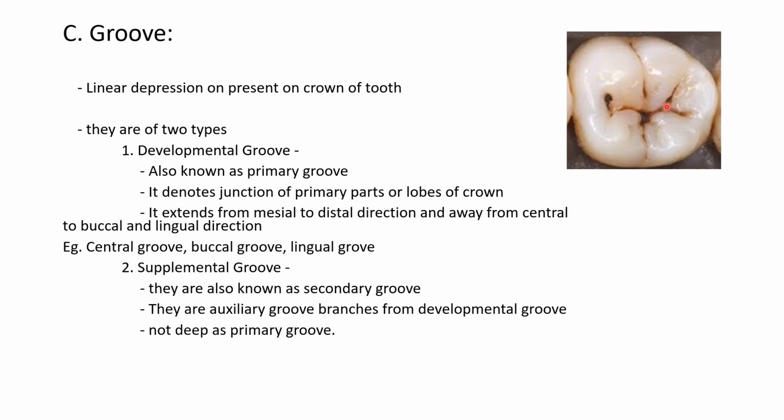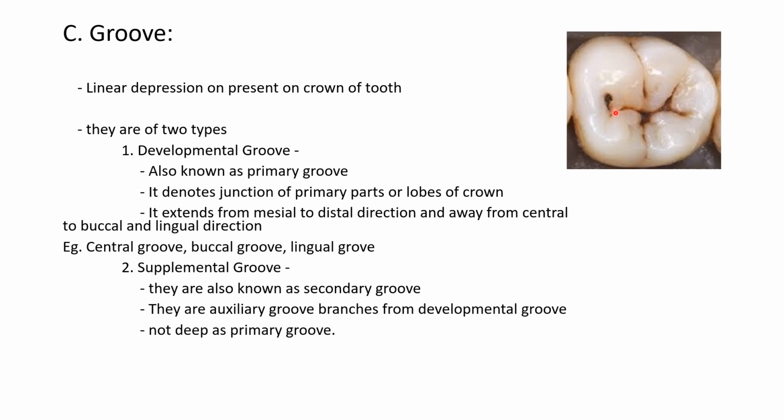It denotes the junction of the primary parts or lobes of the crown. Each cusp forms from one lobe, so it is a junction of these lobes. It extends in the mesial to distal direction and away from the central point in the buccal and lingual direction.